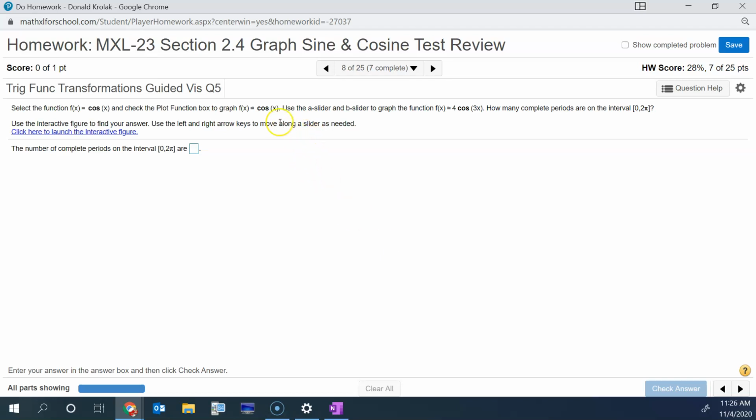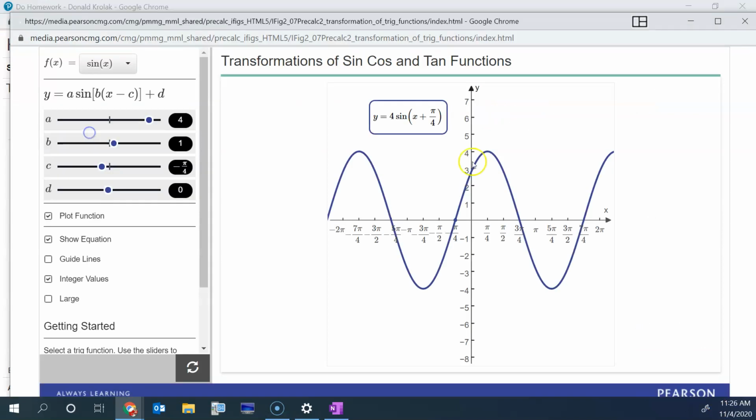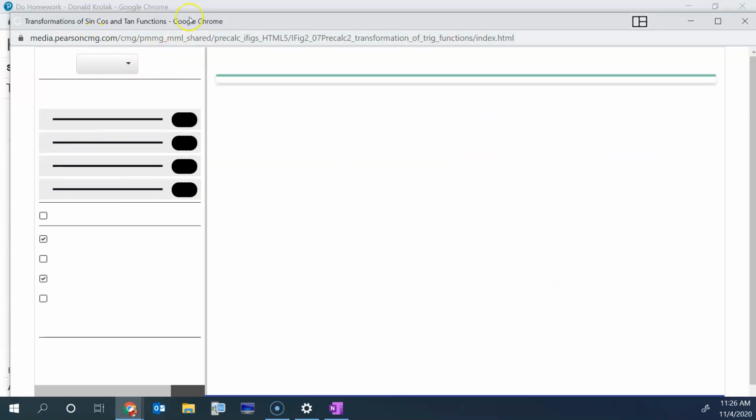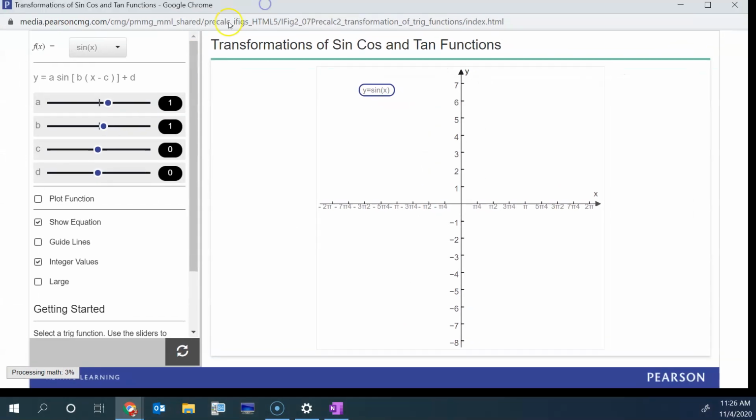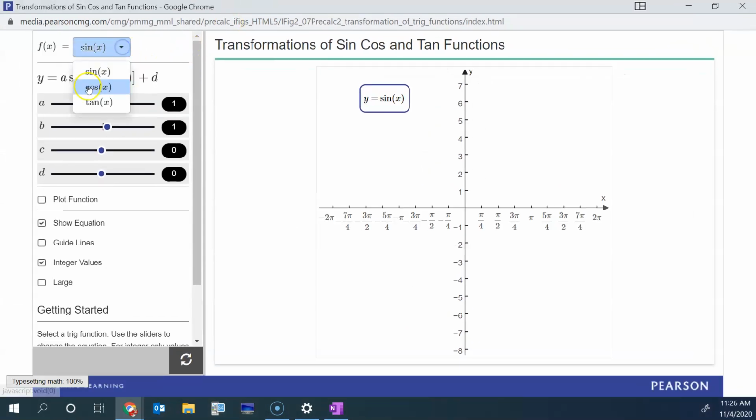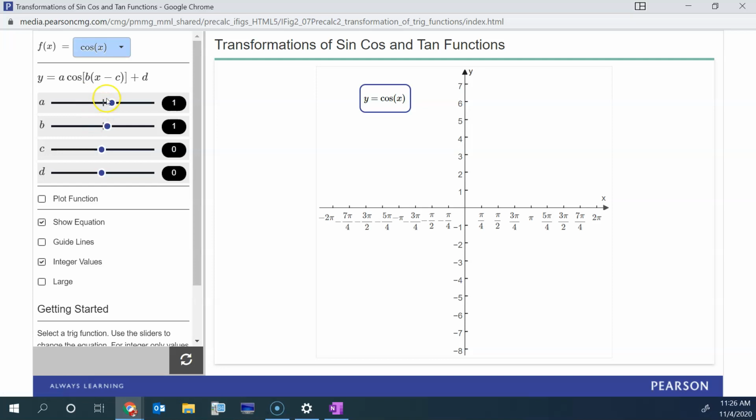Okay, use the A and B sliders. How many complete periods are on the interval from 0 to 2 pi? And the function is 4 cosine 3x. Okay, so I'm going to go up here and change this to cosine. Amplitude 4.